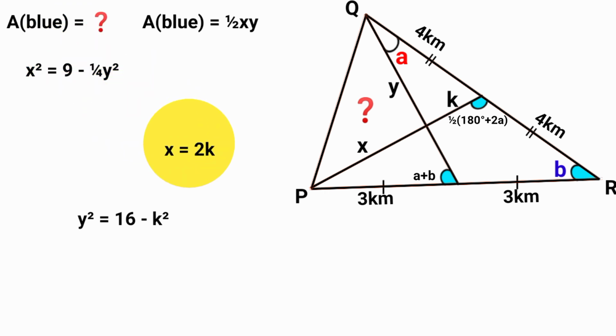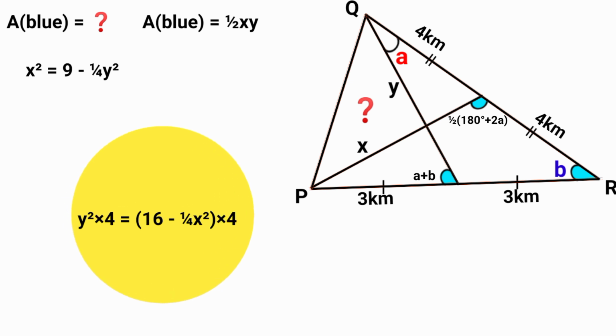Here x equal to 2k. That is k equal to 1 over 2x. Come to this equation. Replace this k with 1 over 2x. 1 over 2x all squared is 1 over 4x squared. So y squared equal to 16 minus 1 over 4x squared. Multiply both sides by 4.